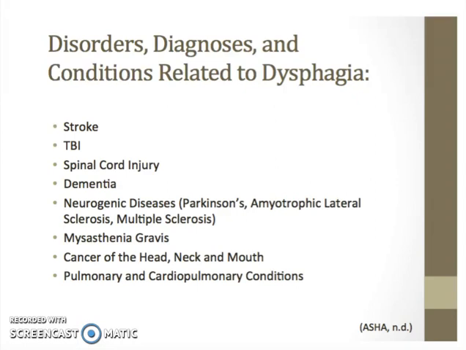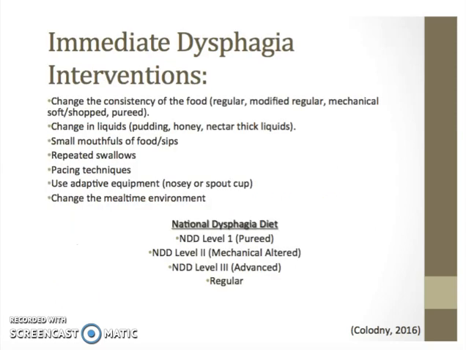Some disorders and diagnoses that are related to dysphagia include stroke, TBI, spinal cord injury, dementia, neurogenic diseases, myasthenia gravis, cancer of the head, neck, and mouth, and pulmonary and cardiopulmonary conditions.